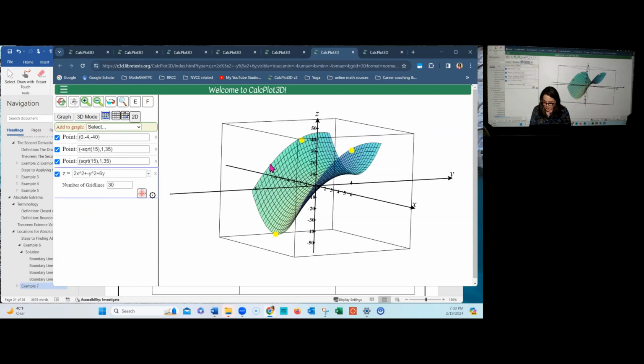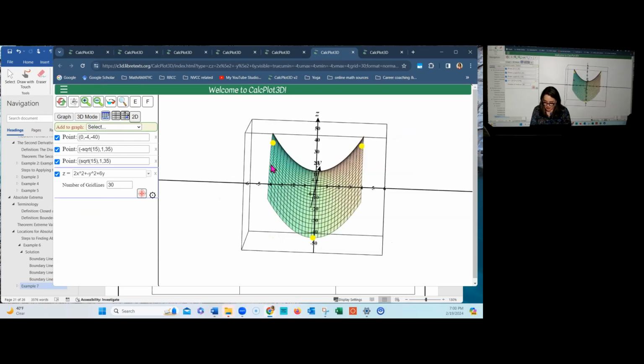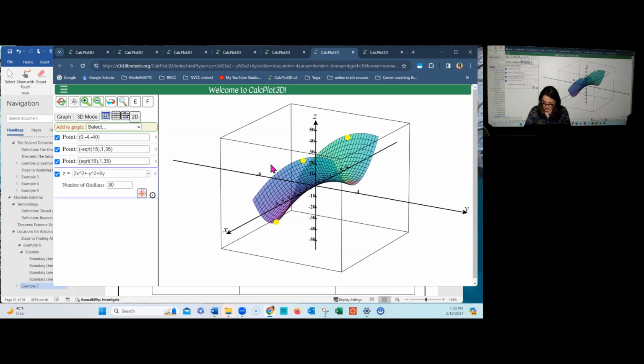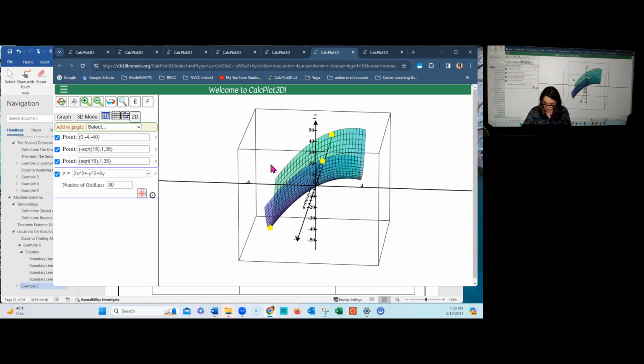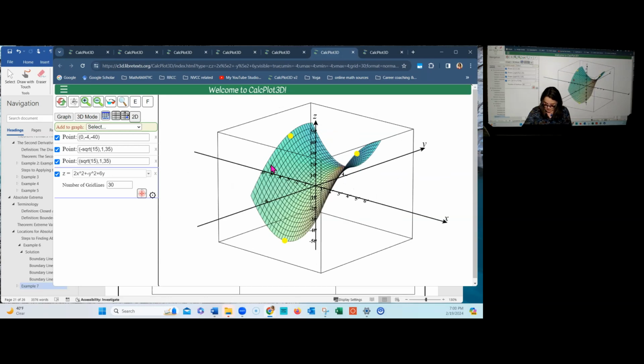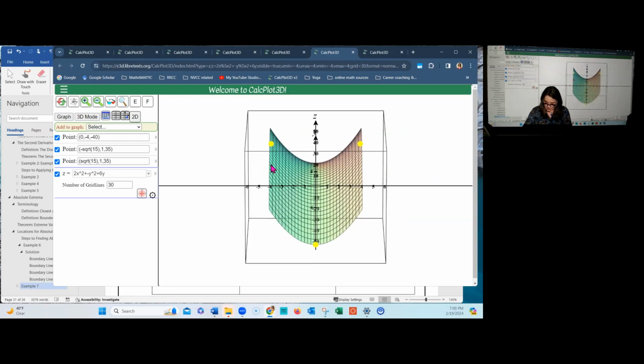You can see here that it does have two values, and I'm going to try to get it to be straight up and down if I can, and rotate it. There you go. And you can tell that the value on the left and the value on the right are at the same z value. That's my maximum, 35. And this one down here at the bottom is my minimum. I think it was -40.